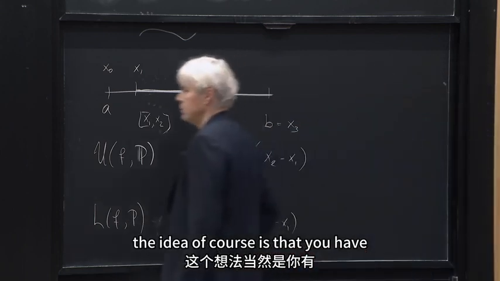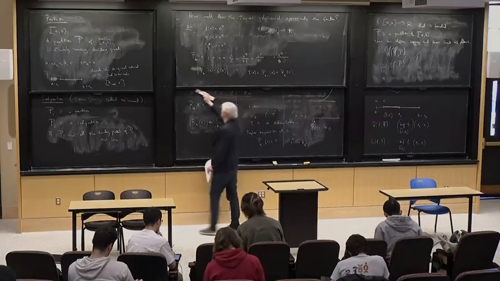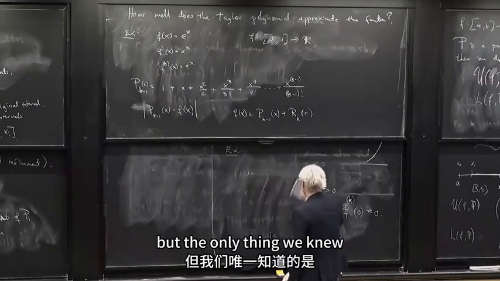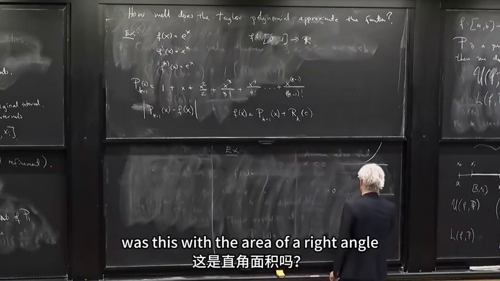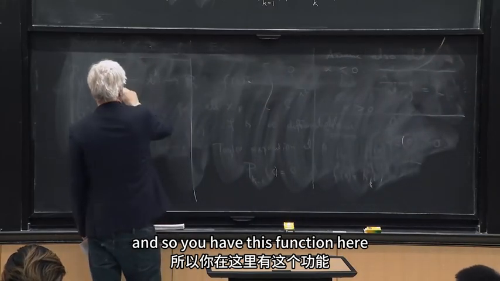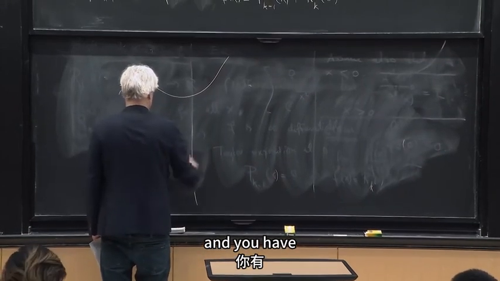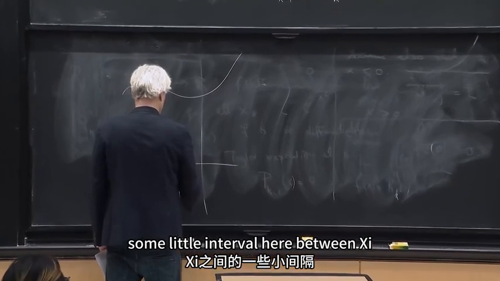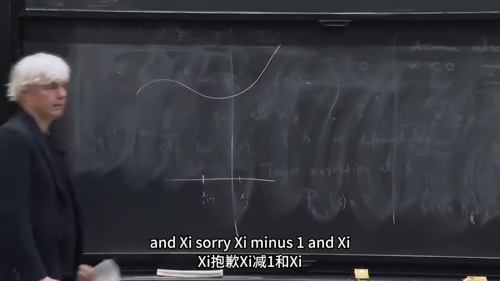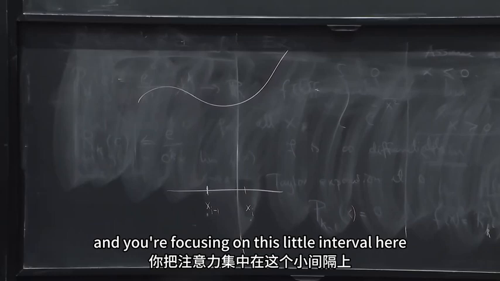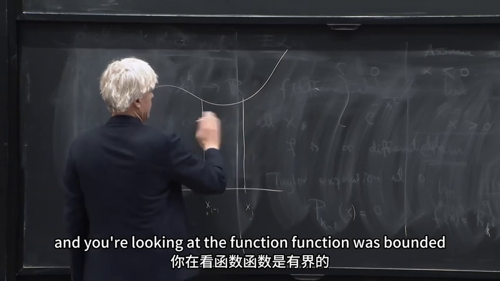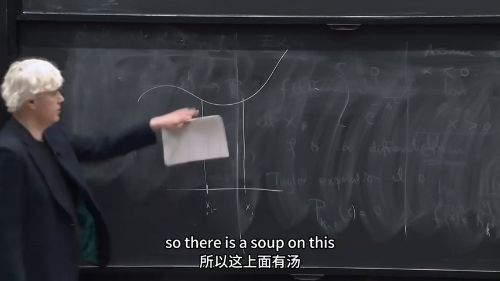The idea, of course, is that the only thing we knew was the area of a right angle, right? And so you have this function here, and you have some little interval here between xi minus 1 and xi. And you're focusing on this little interval and looking at the function. The function was bounded, so there is a sup on this.